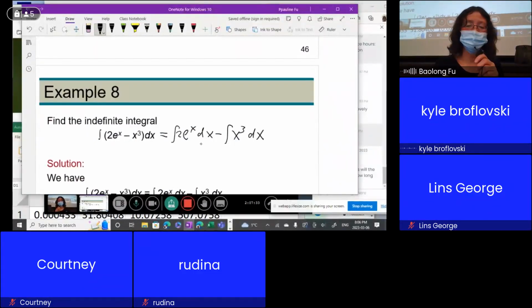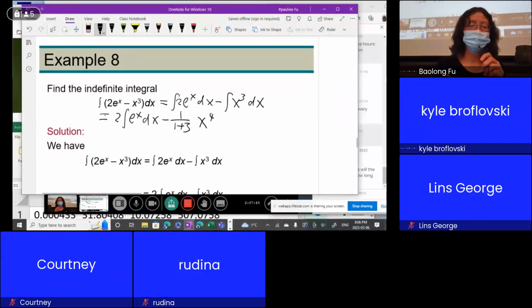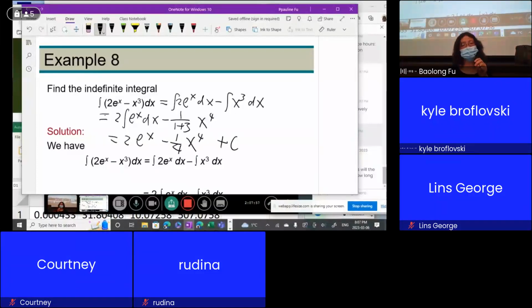Take the 2 out. For x^3, it is 1/(1 plus 3) x^4. And the integral of e^x is just e^x. So it is 2e^x minus 1/4 x^4. Do not forget plus C.